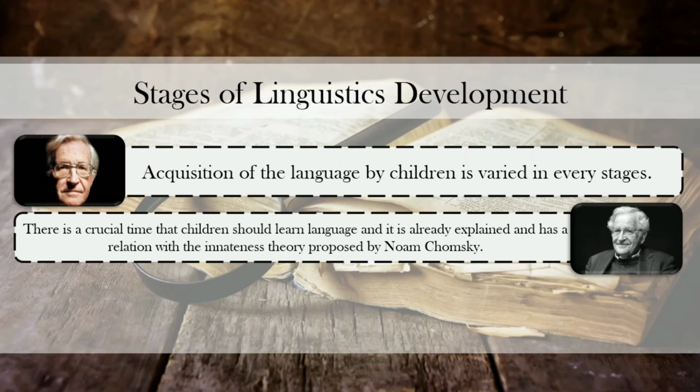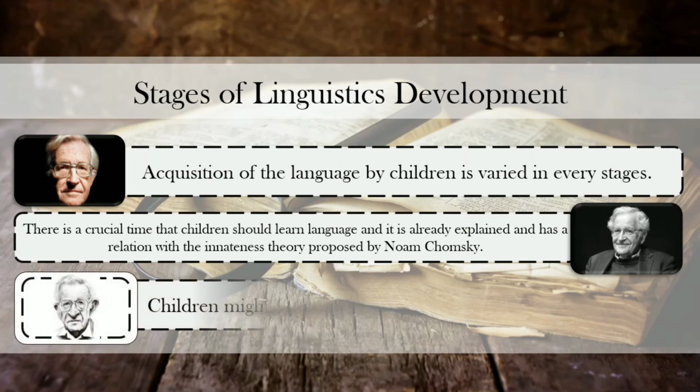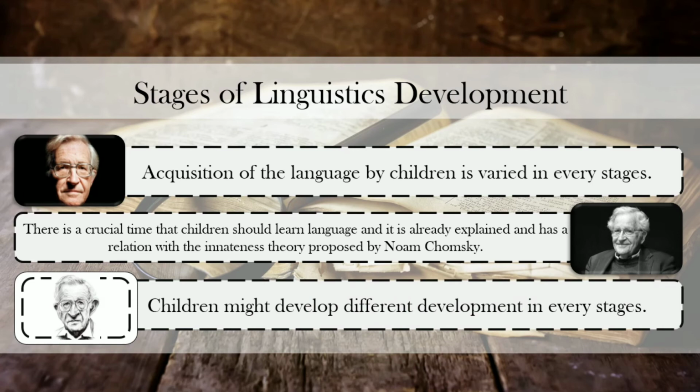Yet, it is emphasized again that children might develop differently in every stage. Children might get influence from the environment, from the interaction with their mother, or from their experience. The result might vary from one child to another.